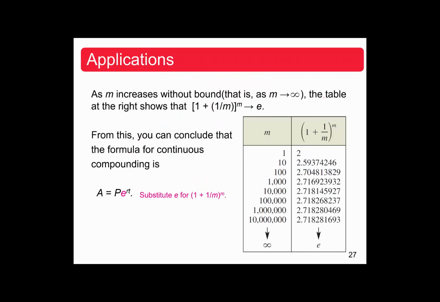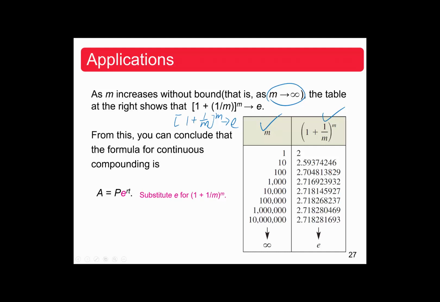Now if you look at this, when m approaches infinity, then 1 plus 1 over m to the m, according to this table right here, will approach e. You can also construct a table on your own. This is not difficult to get. Let me give you an example.